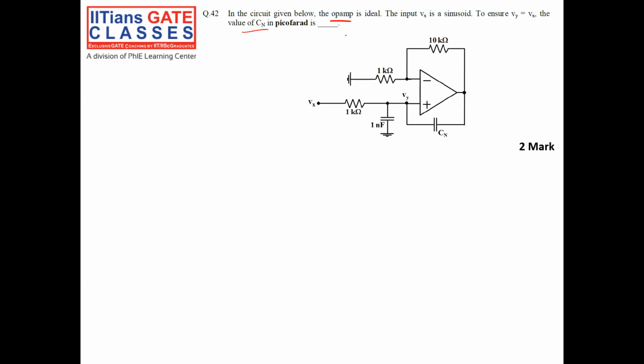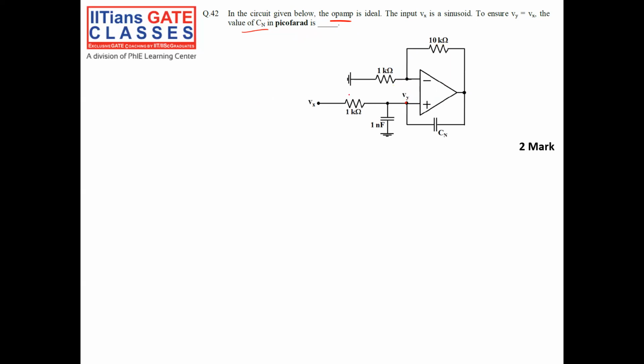So first thing is, let's apply a nodal at the positive terminal. Since there is negative feedback, V positive is equal to V negative, but let us put a nodal at the positive terminal.